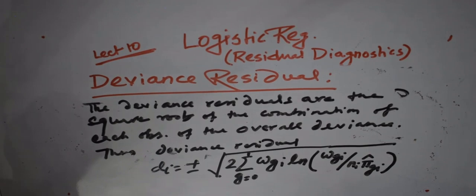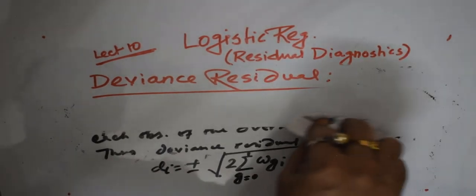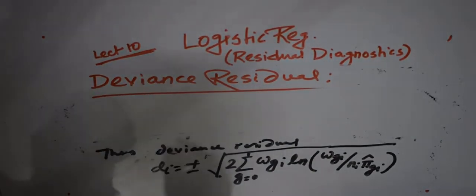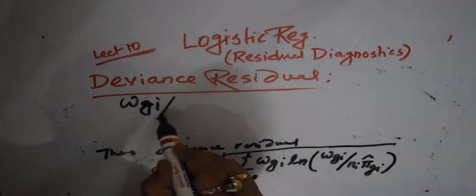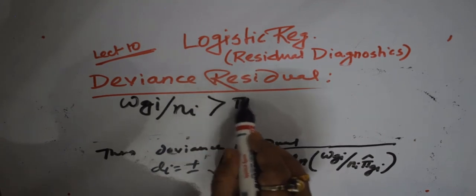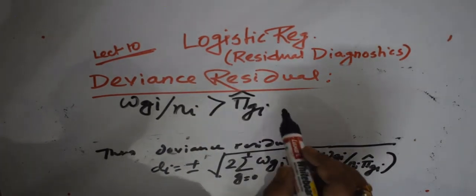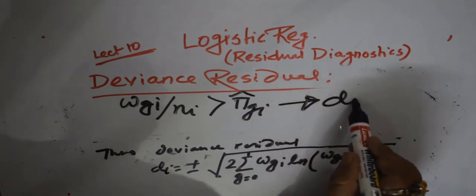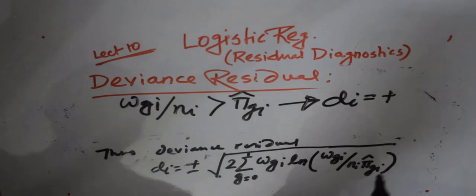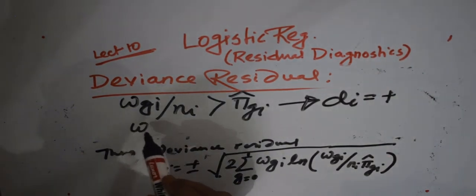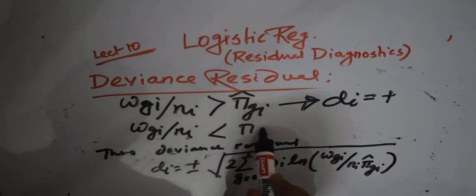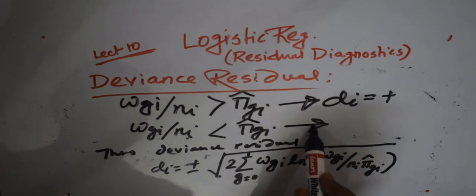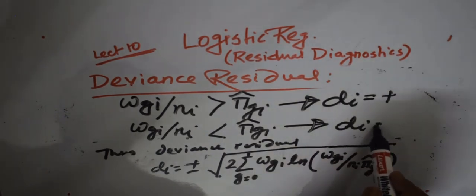When w_gi by n_i is greater than pi_gi hat, then d_i takes a plus sign, and when w_gi by n_i is less than pi_gi hat, then d_i takes a minus sign.